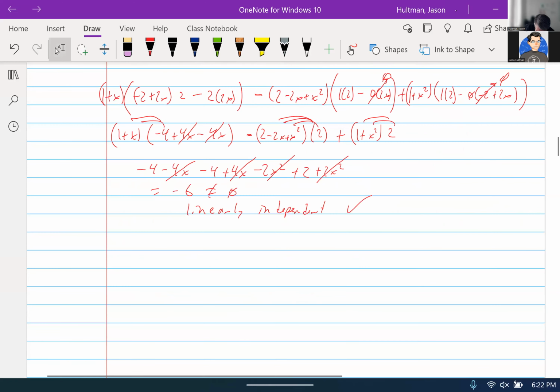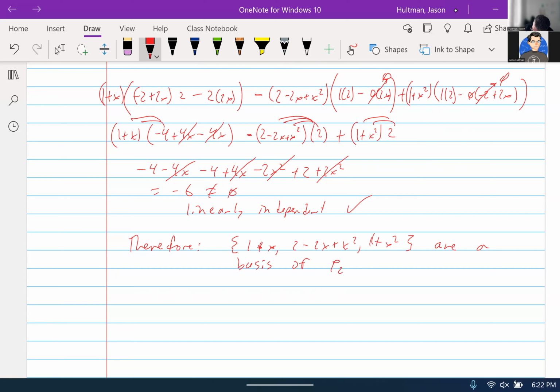And so therefore, 1 plus x, 2 minus 2x plus x squared, and 1 plus x squared do form a basis of P2R.